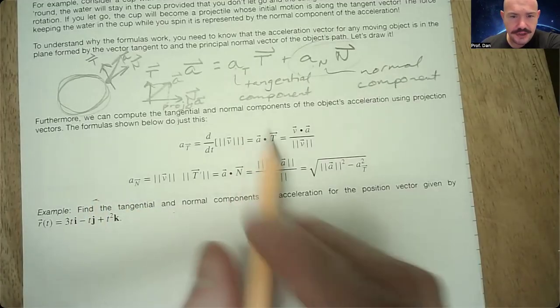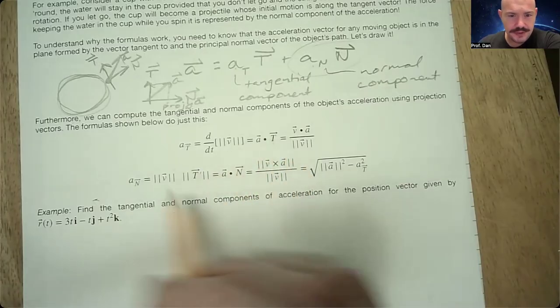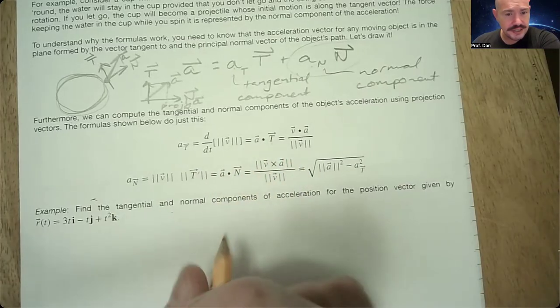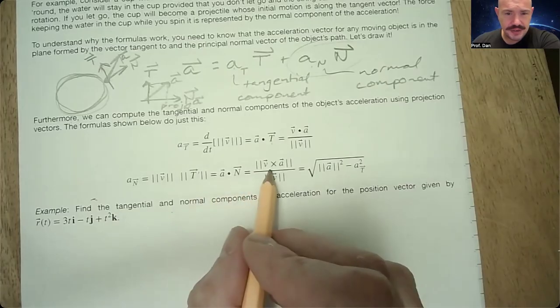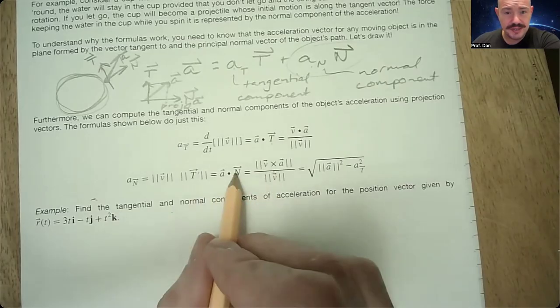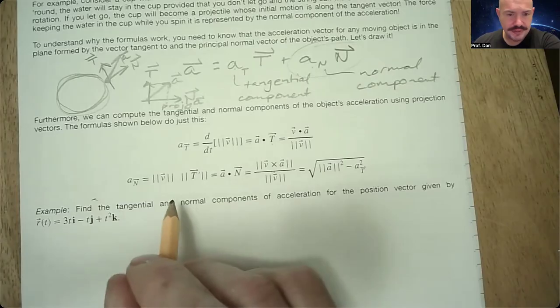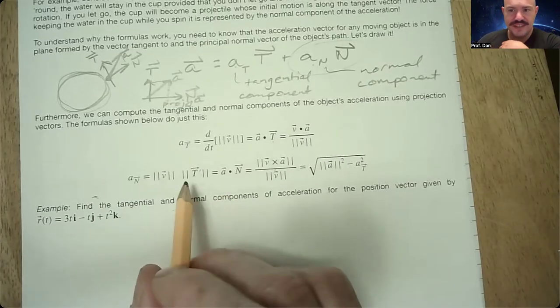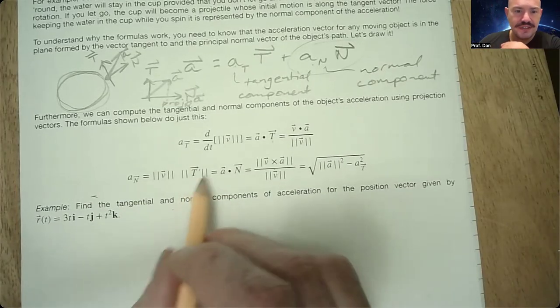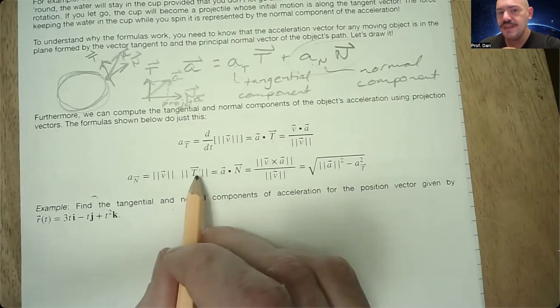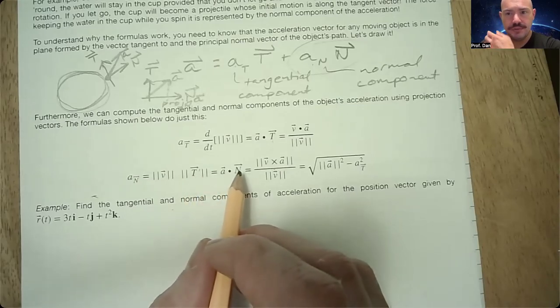But you also have all of these options available to you. I'm going to tell you right now, this is probably way easier to do than this most of the time, or even this. Because if you're calculating the magnitude of t prime, you may as well get the normal vector.